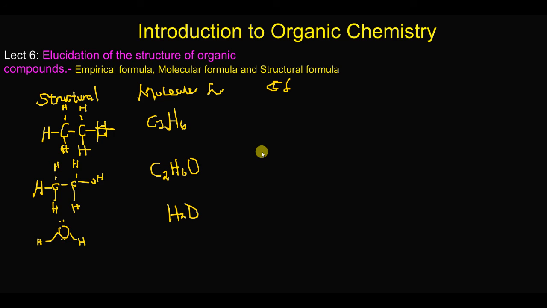It gives us the spatial arrangement, how the atoms are connected with each other and their positions within the compound. The molecular formula tells you the exact numbers of each atom within the compound. The empirical formula tells you the simplified numbers.